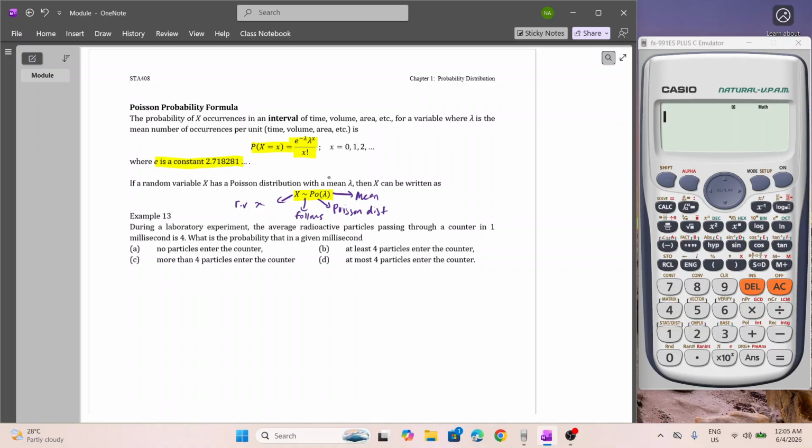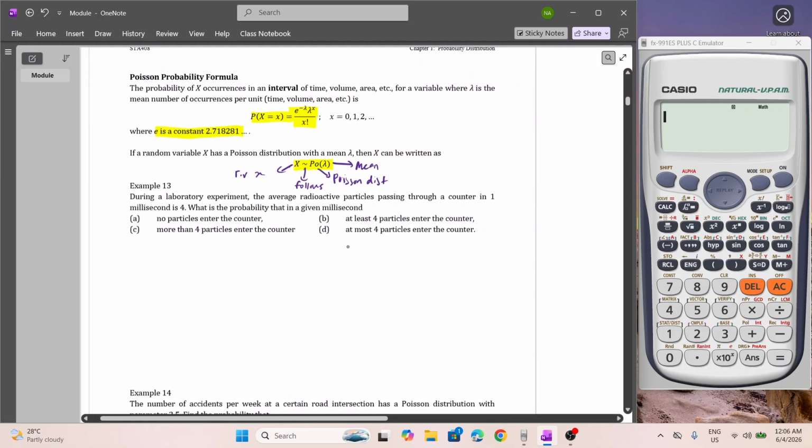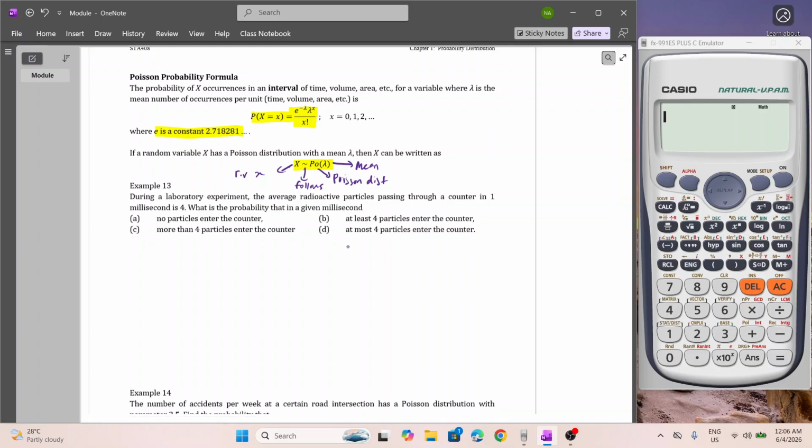Okay, and all right. So I think let's look at example 13. So during a lab experiment, the average radioactive particles passing through a counter in 1 millisecond is 4. What is the probability that in a given millisecond, A, no particles enter the counter?